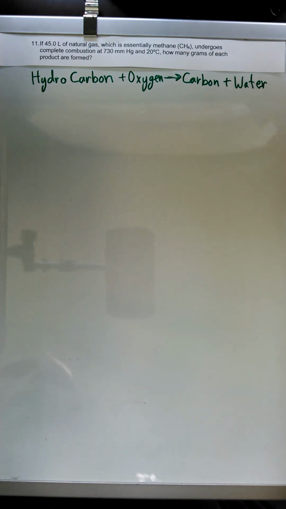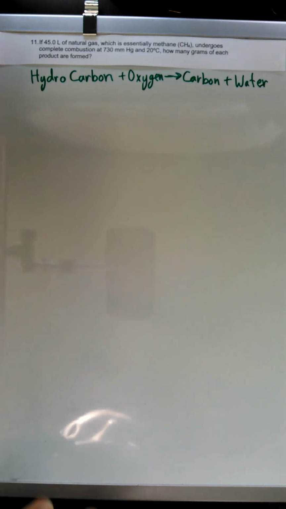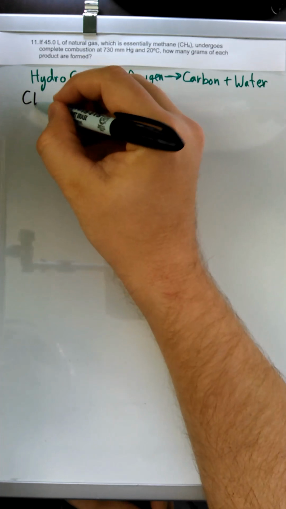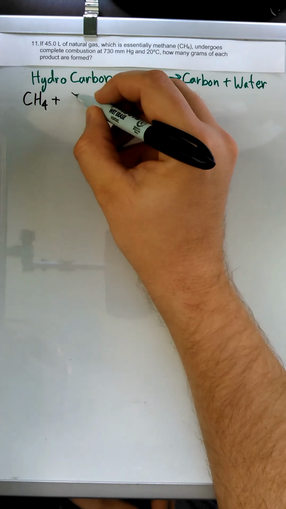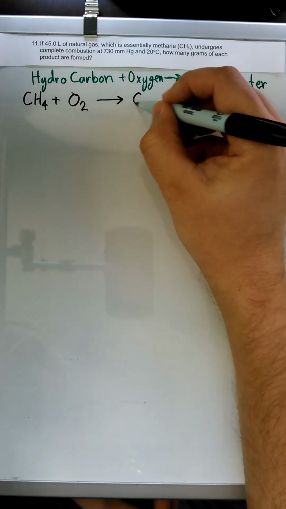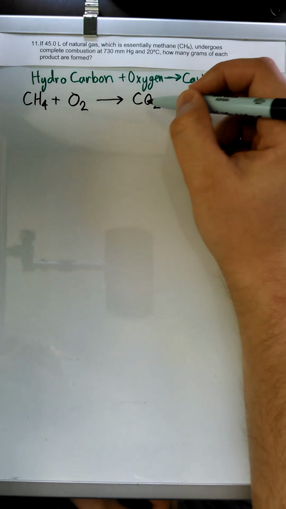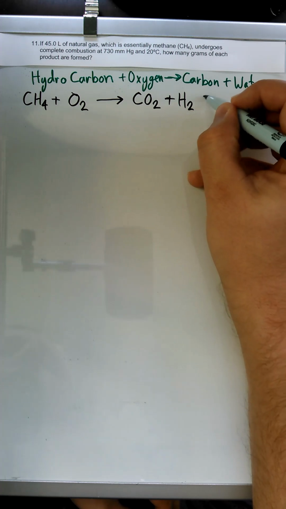In this case, we're given the hydrocarbon methane, CH4. That reacts with oxygen gas, which is diatomic, O2, to produce carbon dioxide, CO2, plus water, H2O.